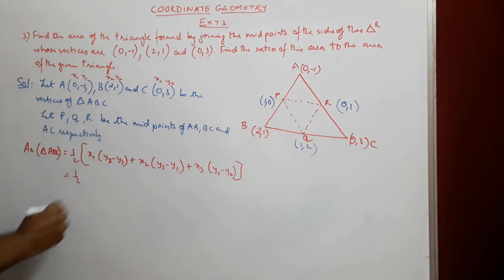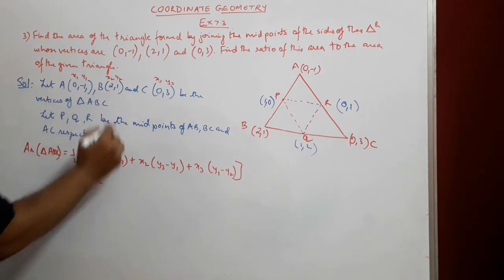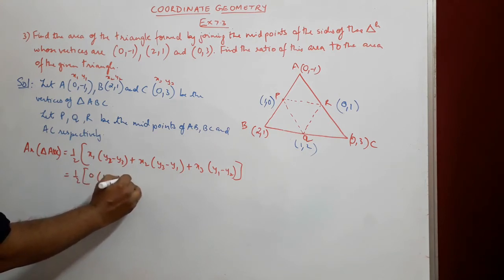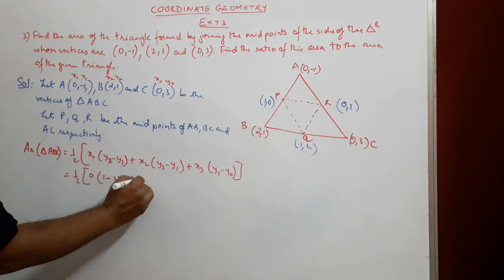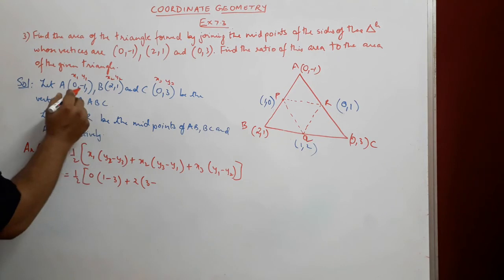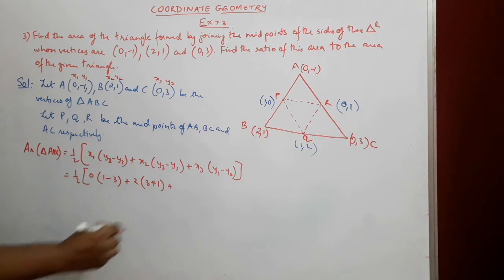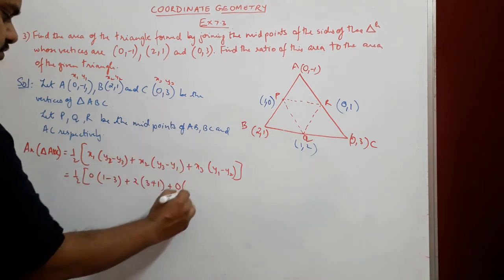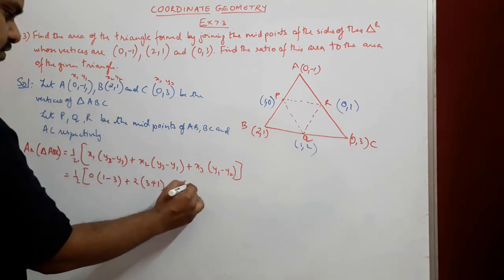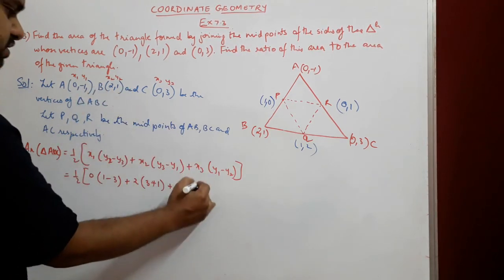Now we'll substitute the values. x1 is 0, y2 is 1 minus y3 which is 3, plus x2 is 2, y3 is 3 minus y1 which is minus 1, so that will become plus 1, plus x3 is 0 and y1 is minus 1 and y2 is 1.